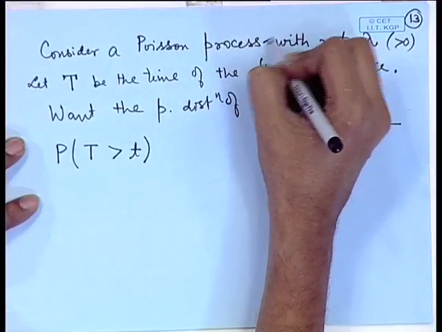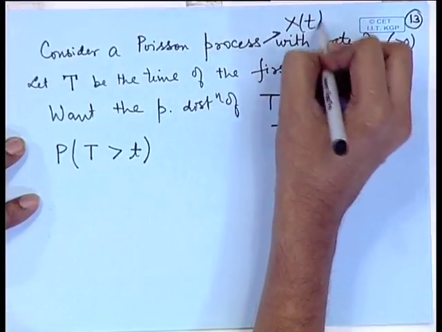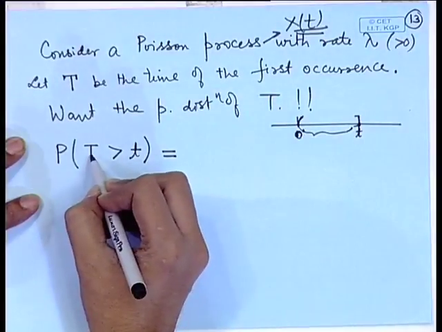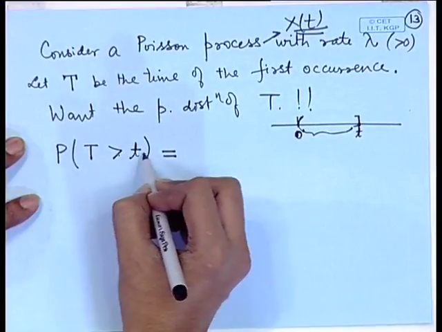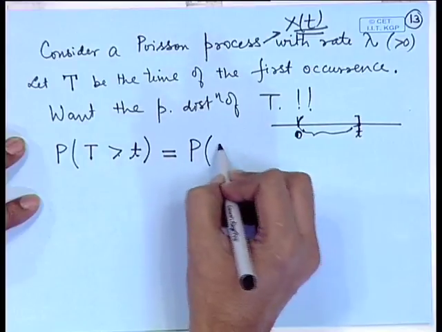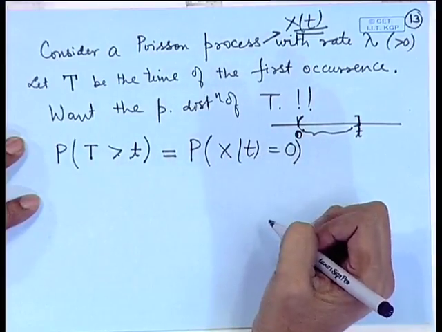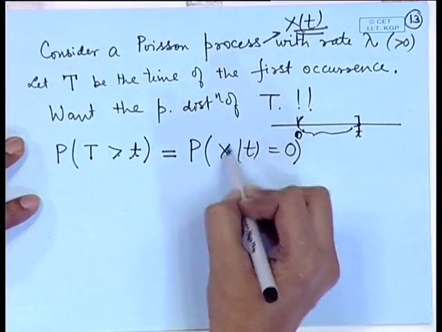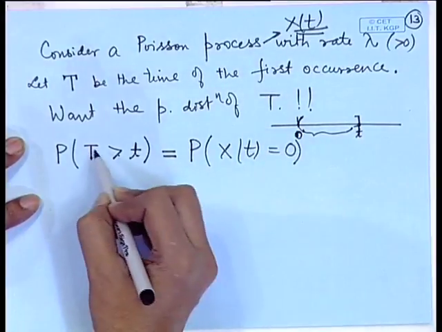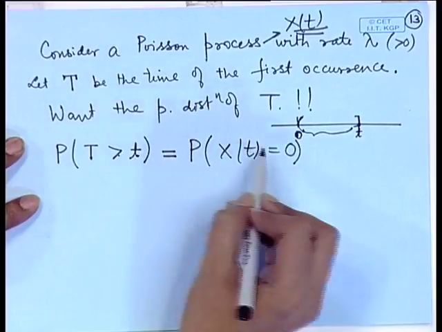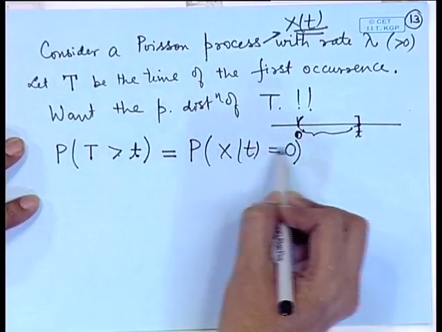So, if we denote this Poisson process as X t, then the event capital T greater than small t is equivalent to X t equal to 0. Because if there is no occurrence in the interval 0 to t, then capital T is definitely going to be greater than small t and vice versa. So, these two events are the same.